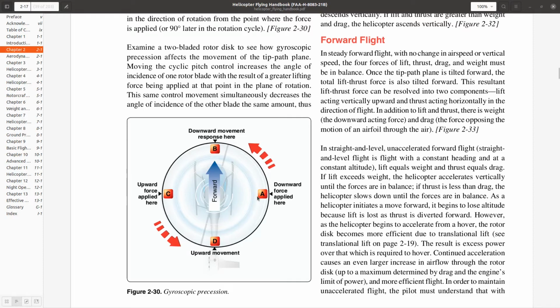So if I say, I'm going to tilt the disc to the right because I want to go that way, and I apply this force, all of a sudden the nose tucks under. And that is gyroscopic precession. The people that design rotors and rotorcraft know that that's going to happen, so the controls are rigged appropriately.